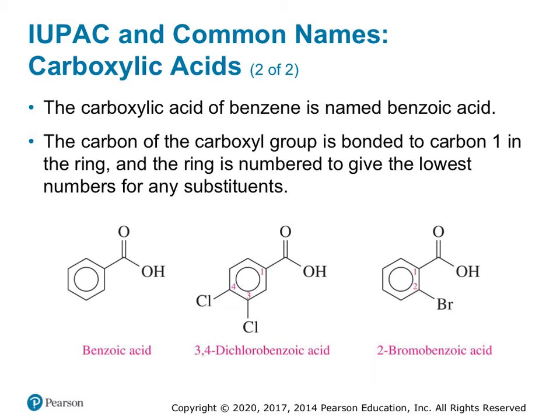So here we have benzoic acid. Here's the benzene ring. Here's the carboxylic acid part. So again, here we have the carboxylic acid part with carbon number 1. So carbon number 2, 3, 4. So 3,4-dichlorobenzoic acid.